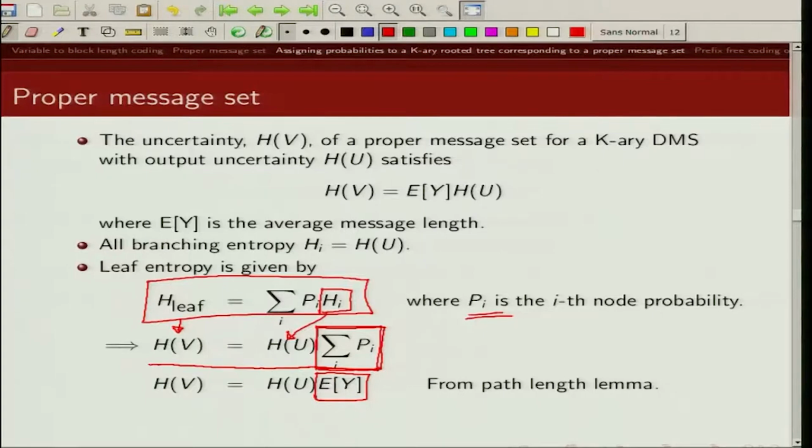So what I have shown you is that the uncertainty associated with the parsed message source for a proper message set is given by this relation. It's the uncertainty in the source letter multiplied by the expected value of Y, which is the length of the parsed message.